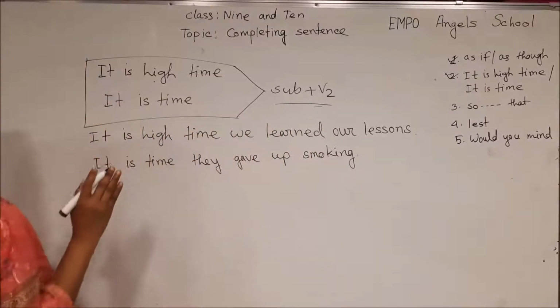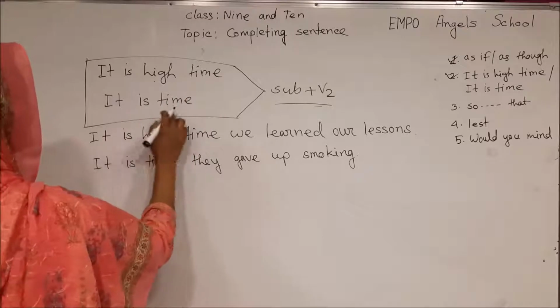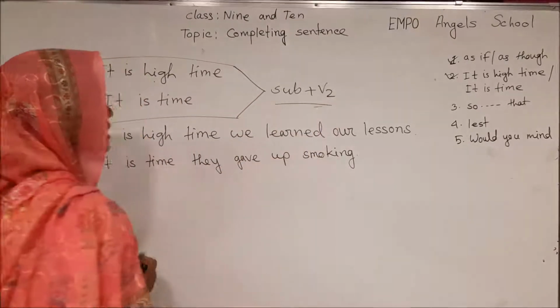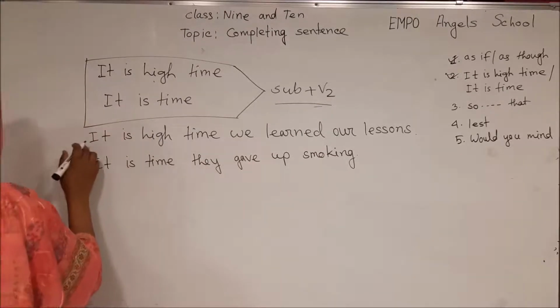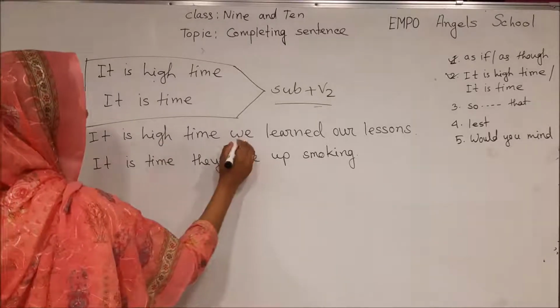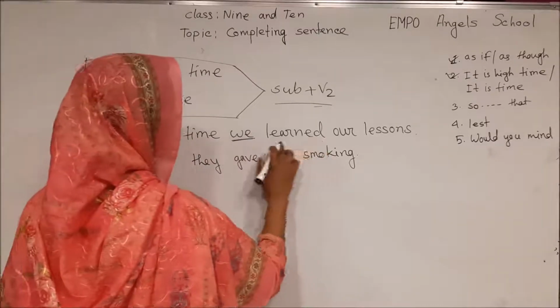Okay? If you have a subject, it is high time or it is time, then you have to choose verb 2. That means verb in past form. Have a look on the sentence. It is high time. We have a subject, we here, and I have taken verb 2 learn.